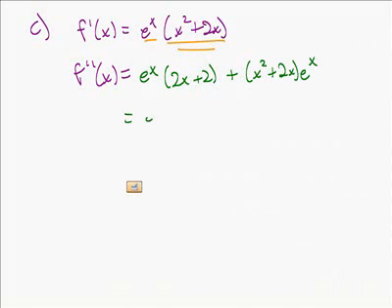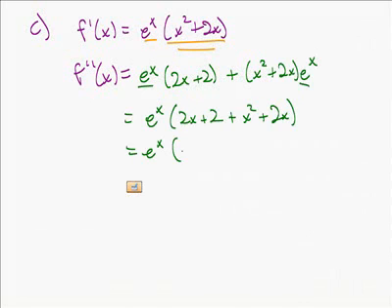So again, this is equal to, if we factor an e to the x out, we're left with 2x plus 2 plus x squared plus 2x. So we have e to the x times, what do we get here, x squared plus 4x plus 2.